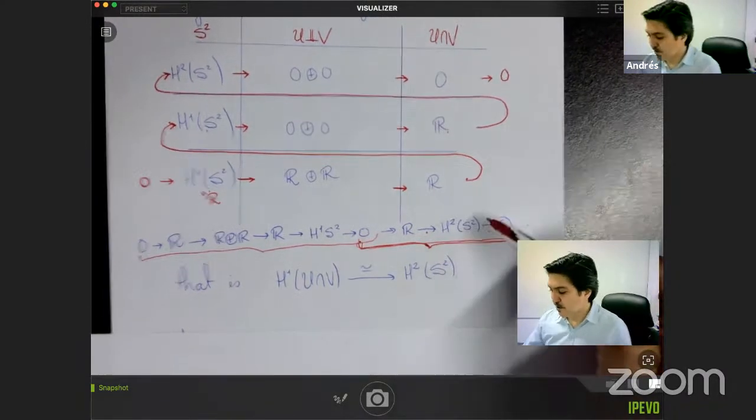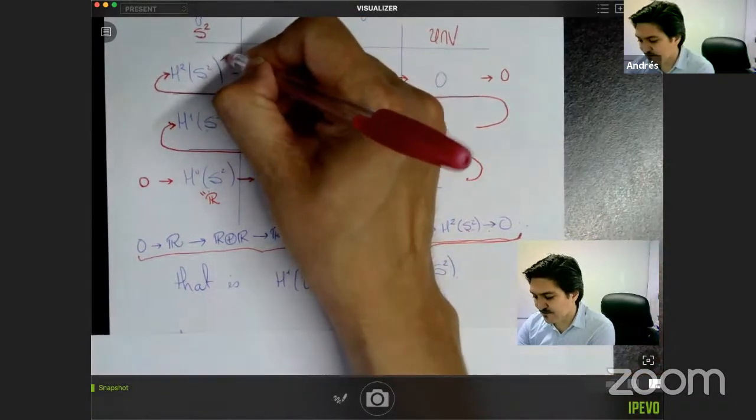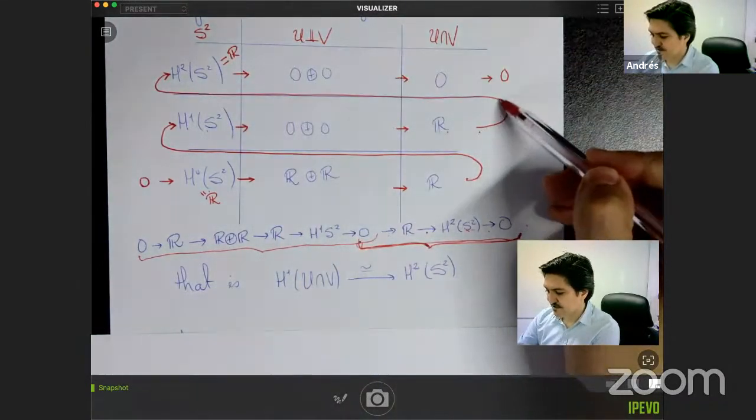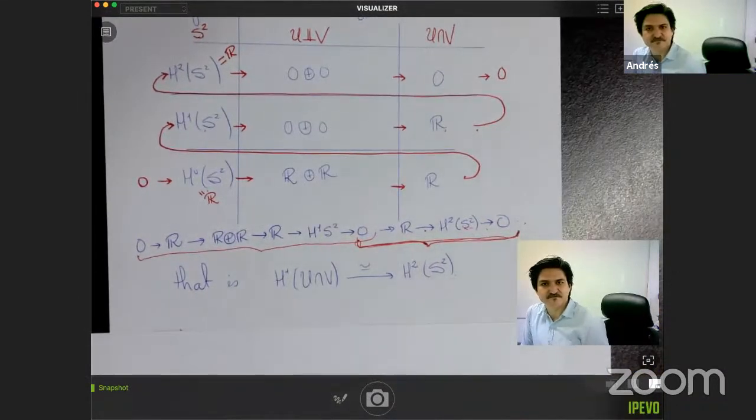Okay, so this has to be equal to R. And this map is an isomorphism. Okay?